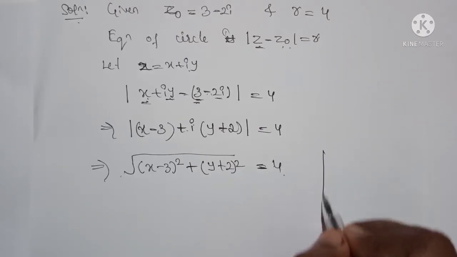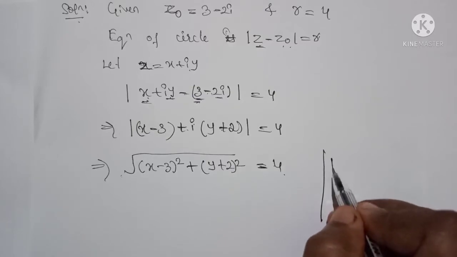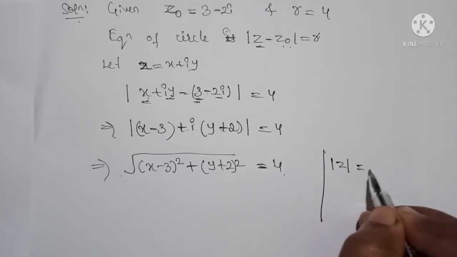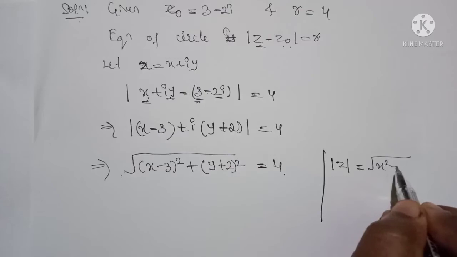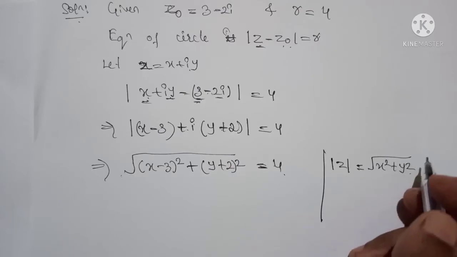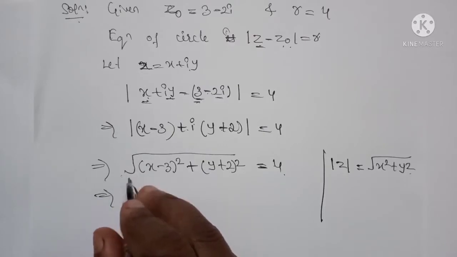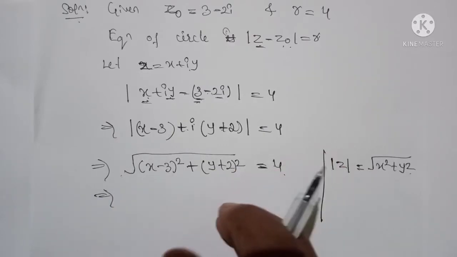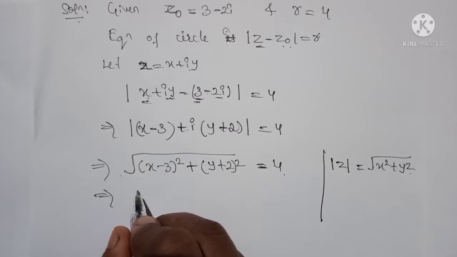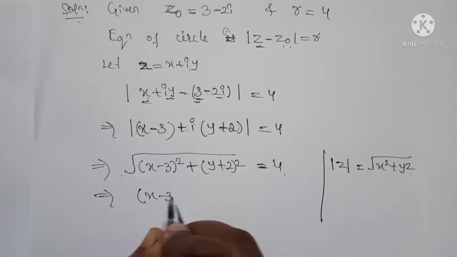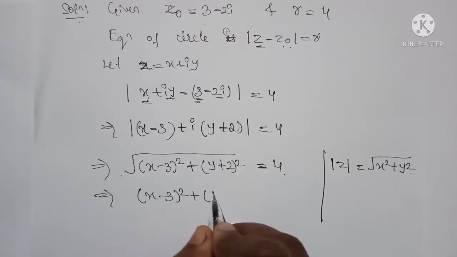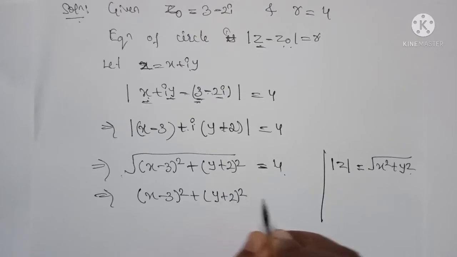Since mod of any complex number is the square root of real part square plus imaginary part square, squaring on both sides we get x minus 3 whole square plus y plus 2 whole square equals 16.